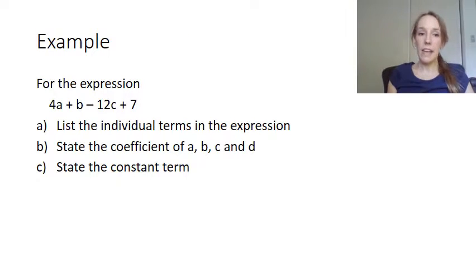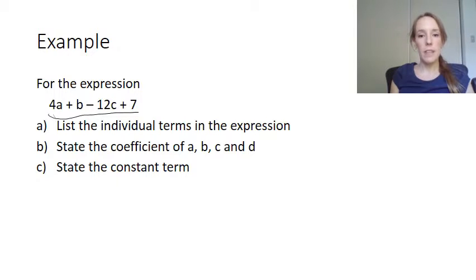So we've got an example here. We've got an expression, 4a plus b take 12c plus 7. So what that actually means is 4 multiplied by a plus b take 12 multiplied by c plus 7. So a, it says list the individual terms in the expression. So remember, a term involves a number, a variable, and multiplication and division.